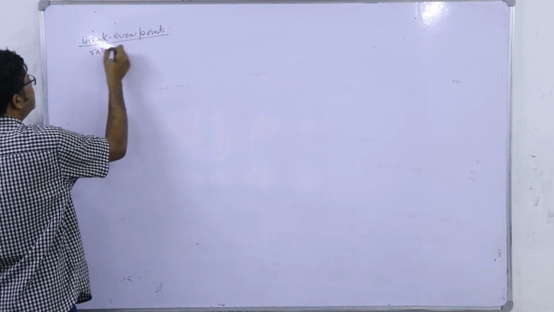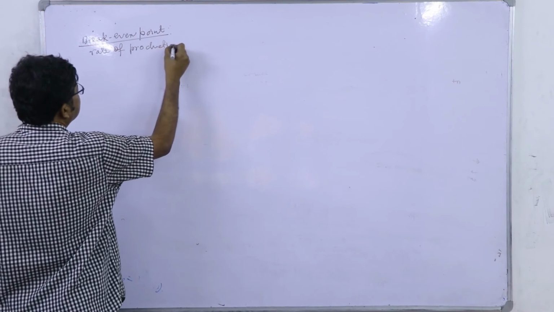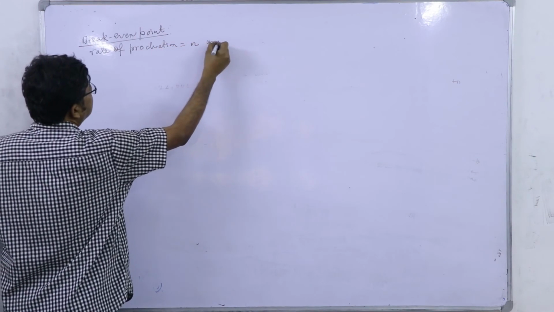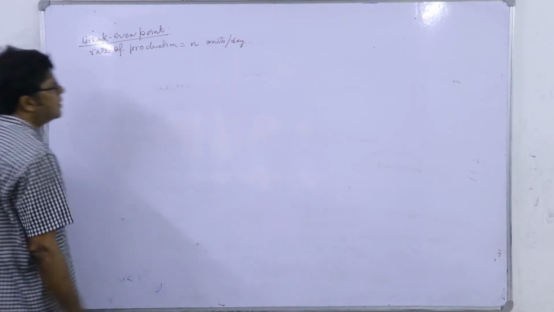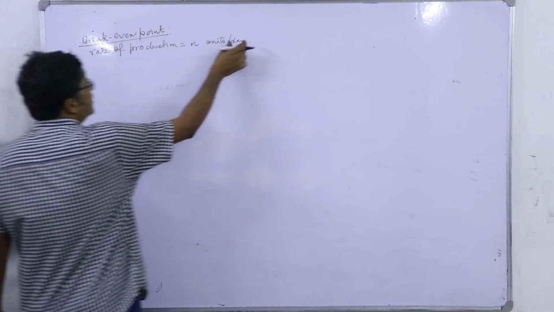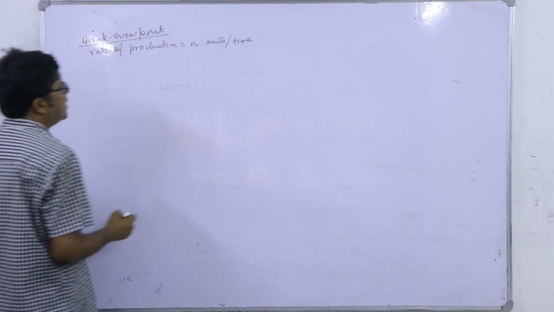Rate of production is N units per day, or per year or whatever, per time. Let us write not per day, per time, whatever is the time frame.